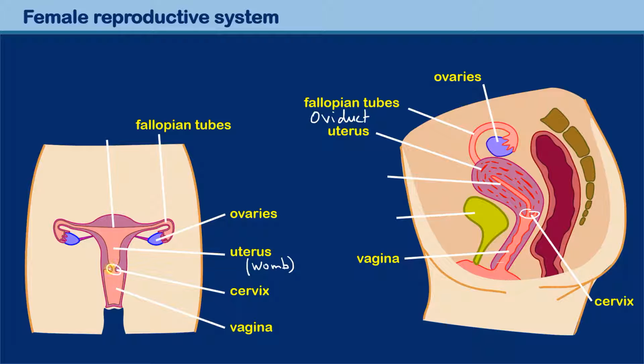The cervix also contains important nerve cells which signal the brain that the baby's head is pressing against it during the birth process. So it not only closes the uterus for protection, but is also important during birth, in which the cervix has to open up to allow the baby's head to go out.